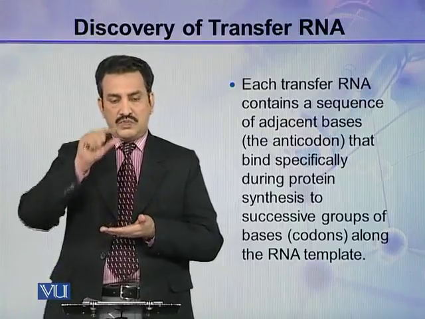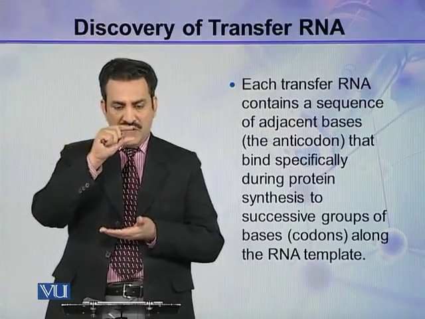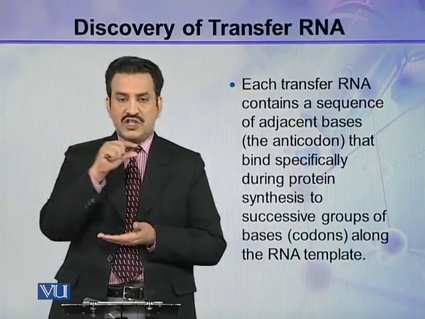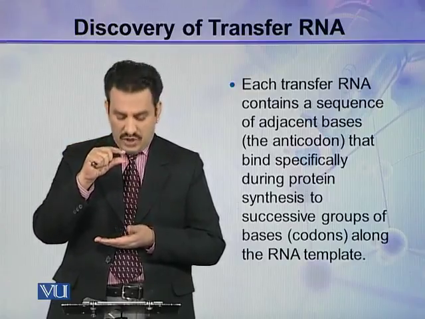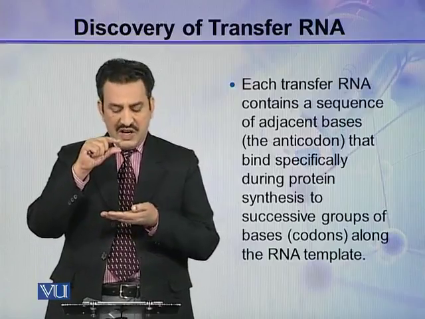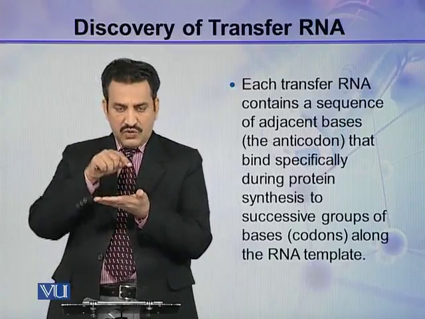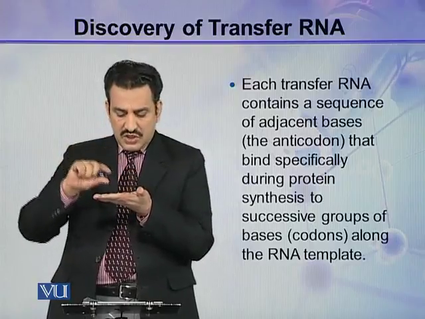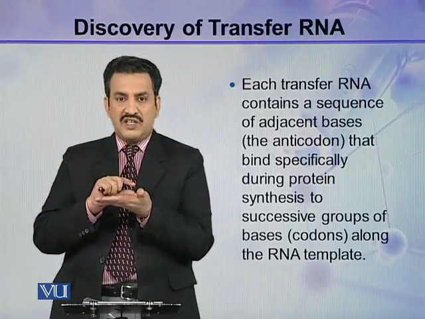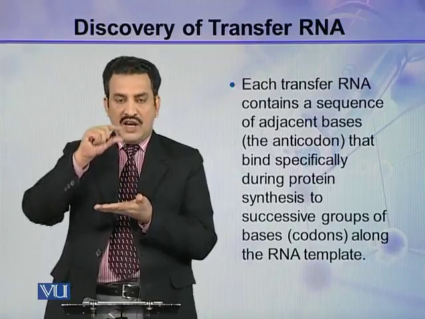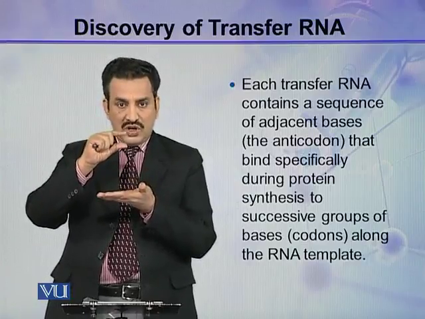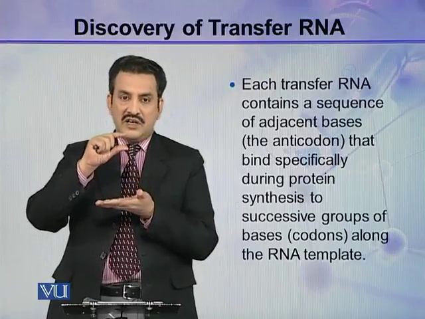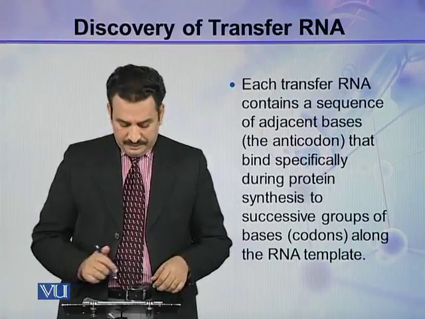So there is a specific sequence of bases on the tRNA molecule, and this sequence is called the anticodon. Similarly, there is a specific sequence of bases on the template RNA, and this sequence is called the codon. So anticodon and codon can identify each other, and they can base pair.